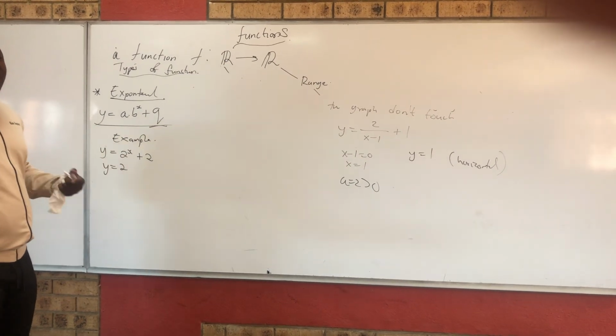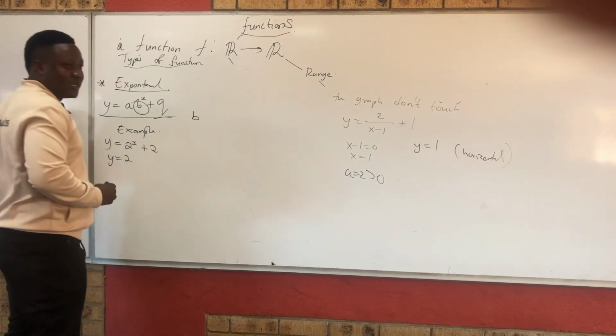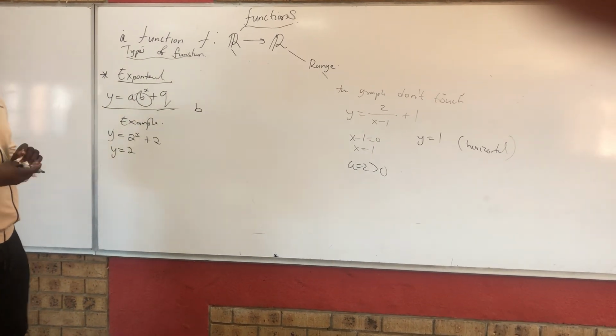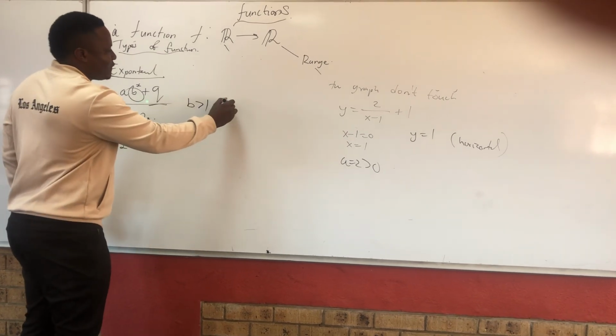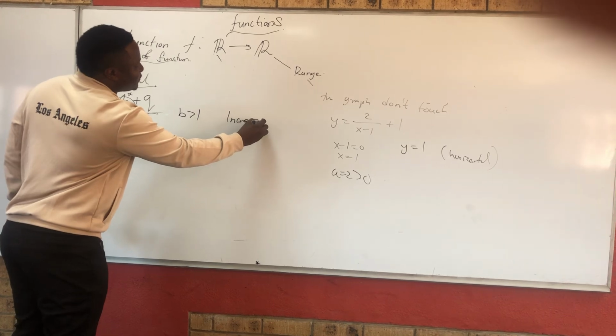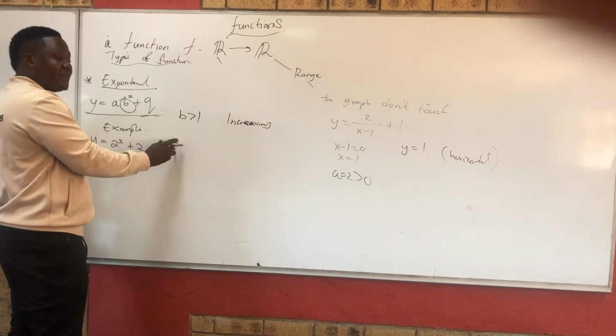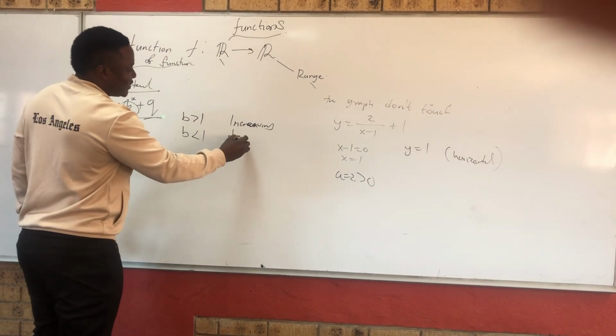Another important thing to explain is the value of b. If the value of b is greater than 1, then this graph is an increasing graph. But if the value of b is less than 1, then this graph is a decreasing graph.